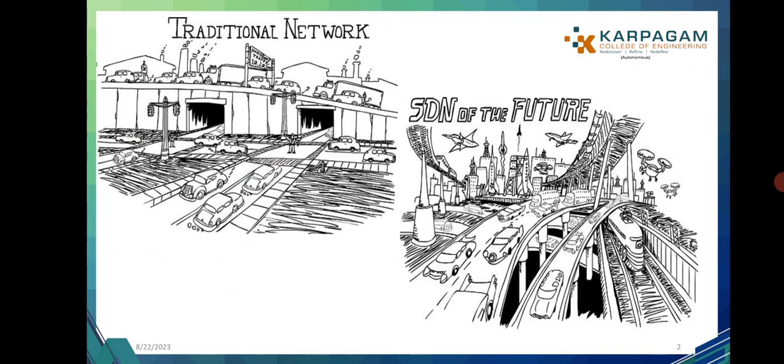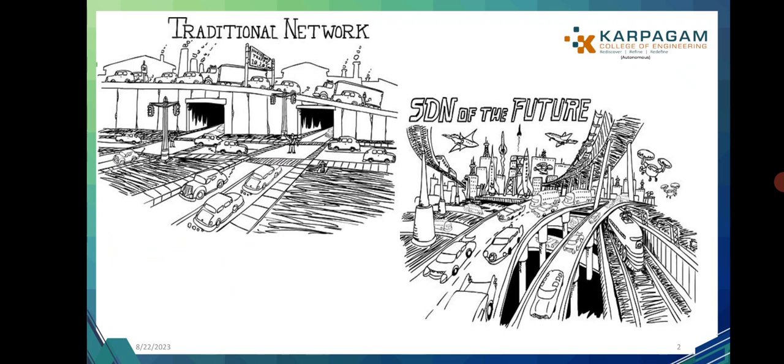So the difference between these two is, consider these vehicles, bridges and roads as the data and the mediums which transmit the data, right? In this SDN network, everything is automated actually.